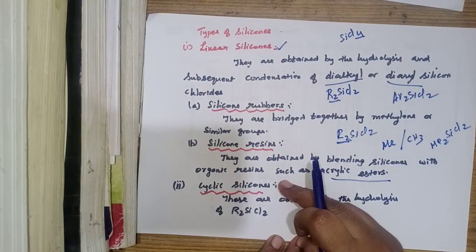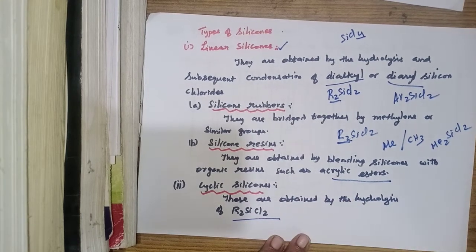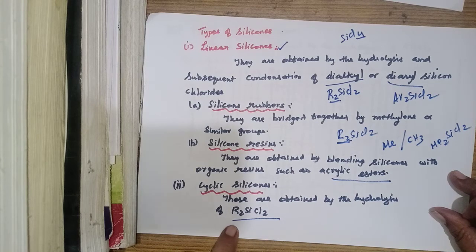Cyclic silicones are obtained by hydrolysis of R2SiCl2, dialkyl silicon chloride.